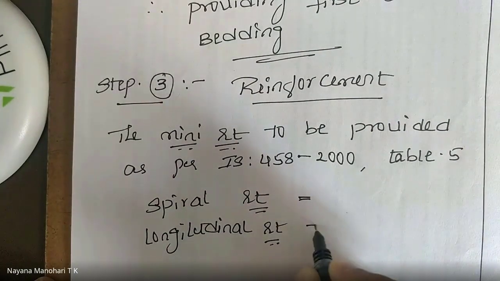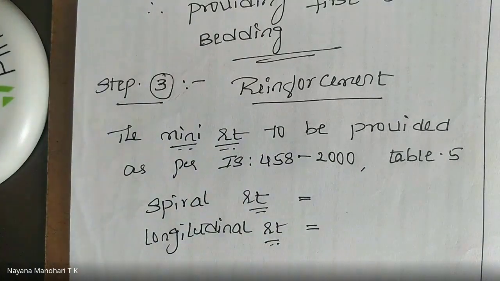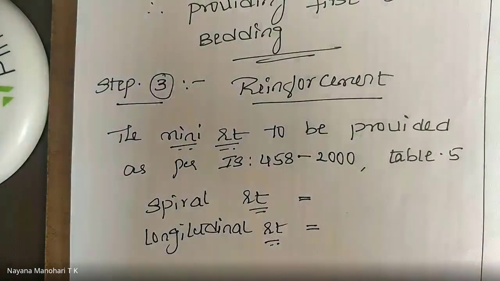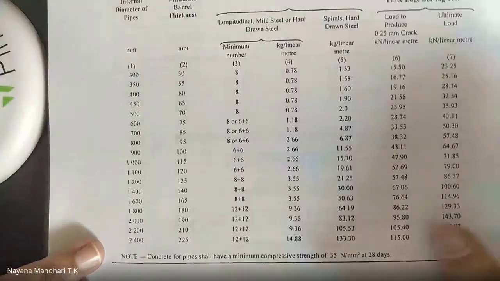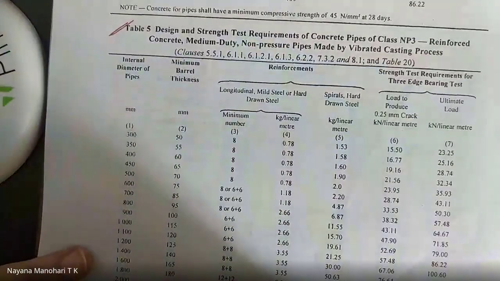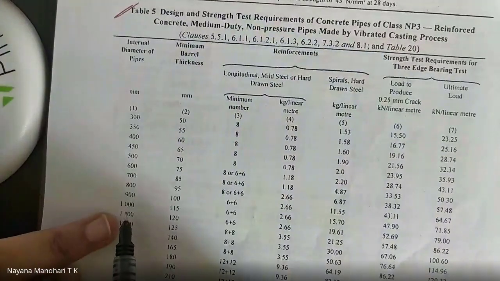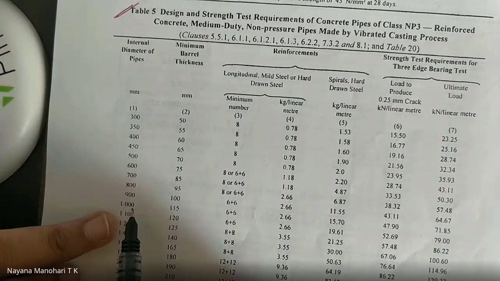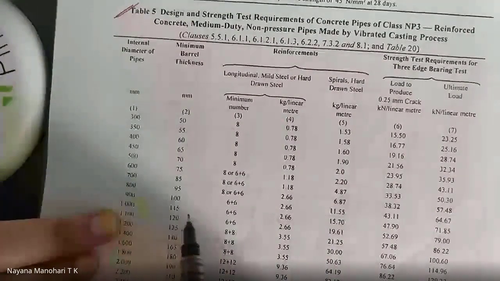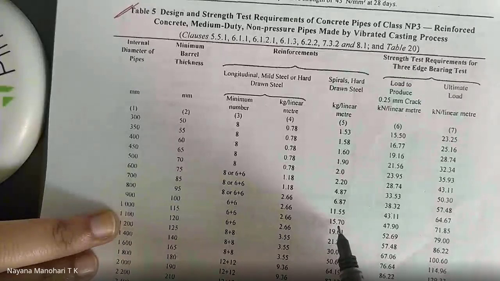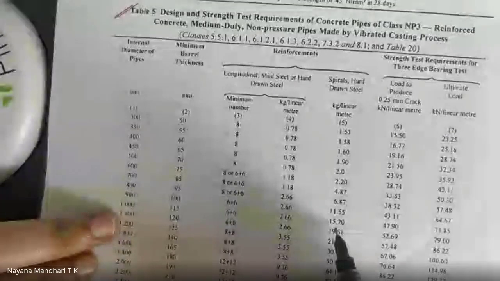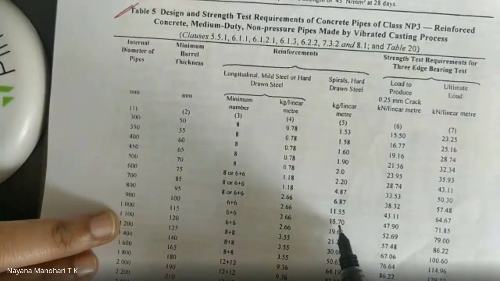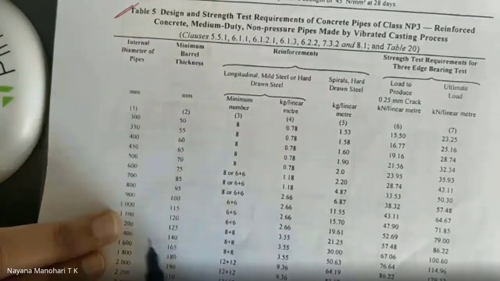Okay, we'll get it directly from the table. I will show you. See the same table. Table 5 for NP3 reinforced concrete for internal diameter 1000 mm. You can observe here the spiral hard drawn steel, how much it is, in kg per meter. That is 15.70. The spiral reinforcement is needed minimum for 1000 mm dia.